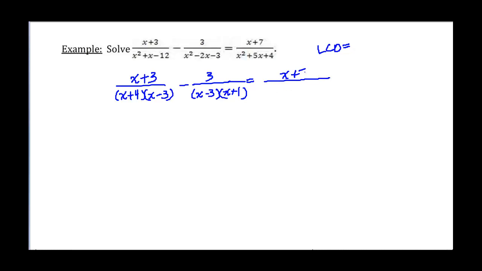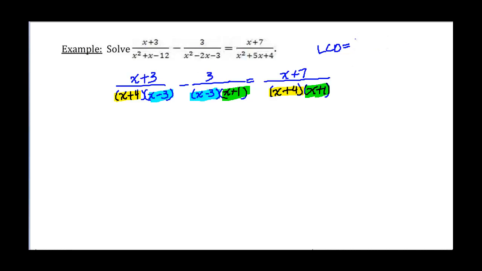And on my right-hand side, x plus 4 times x plus 1, okay? Now we've got to see what we're going to put in our LCD, right? Well, we have x plus 4 here and an x plus 4 there. It's going in our LCD. We have an x minus 3 here and an x minus 3 here, right? That's going into our LCD. We have an x plus 1 here and an x plus 1 here. That's going into our LCD.